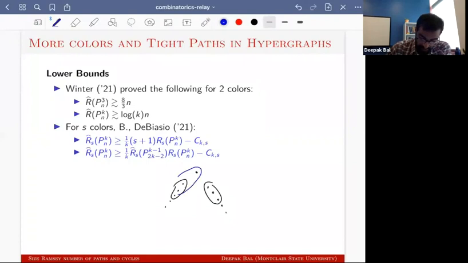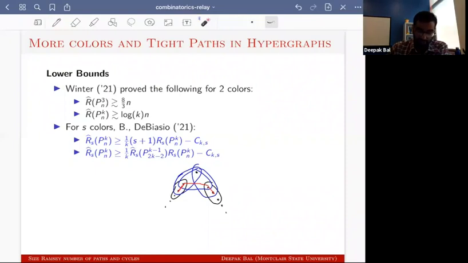You'd see something like this, and then you'd see this edge and this edge, which means in the link graph of this vertex, you must see a P4 in this example that I'm drawing here. So basically, if you want to use a vertex to connect up two paths, then you have to see a certain lower uniformity path in its link graph.